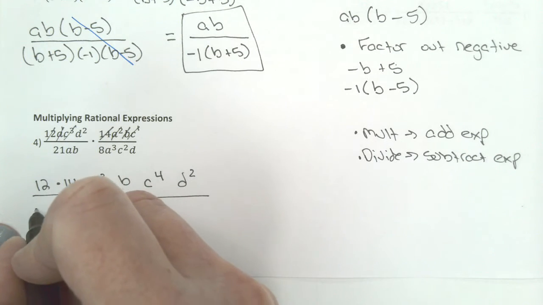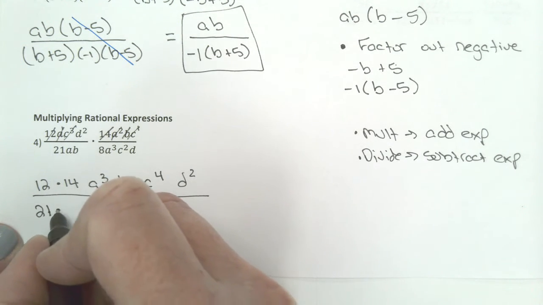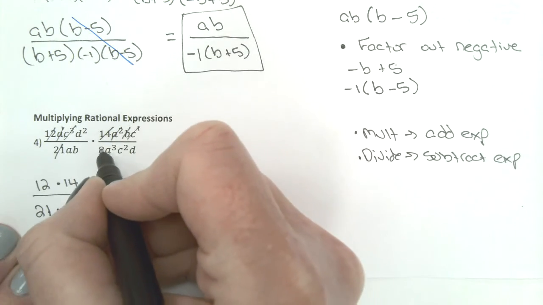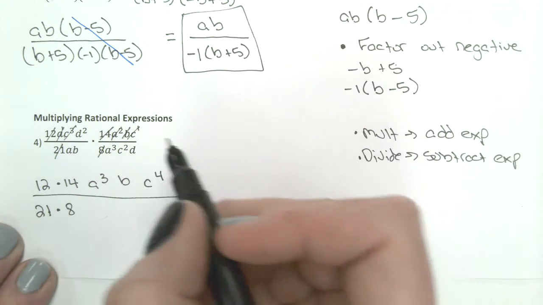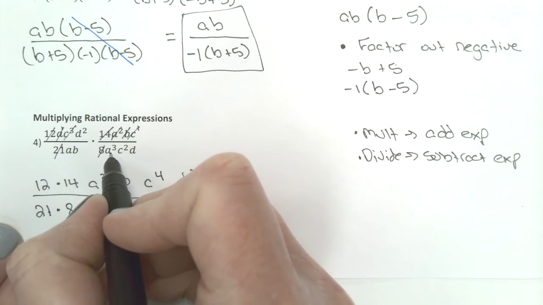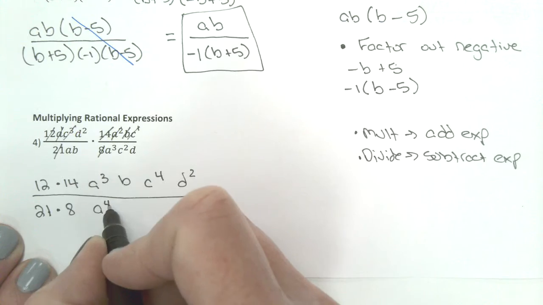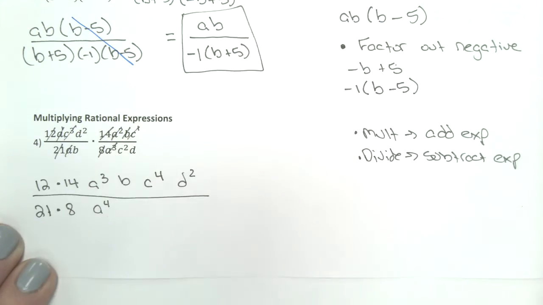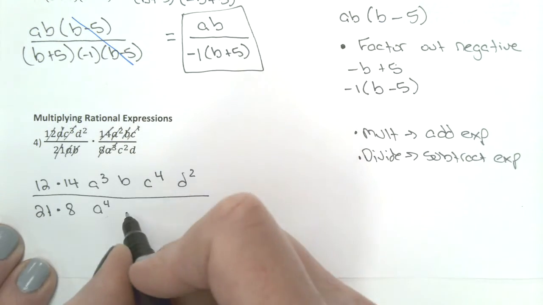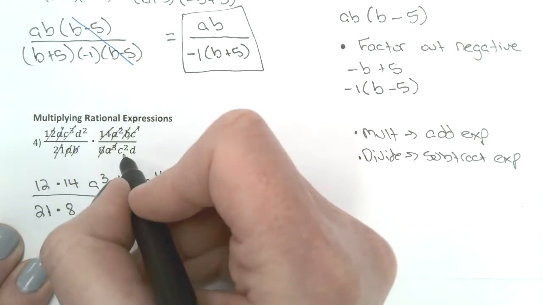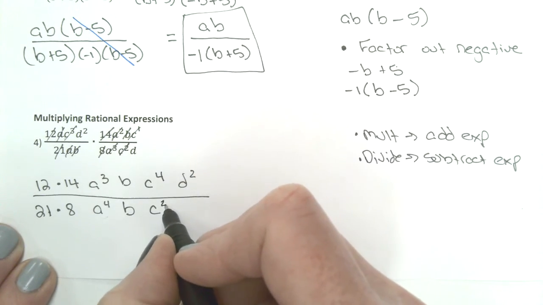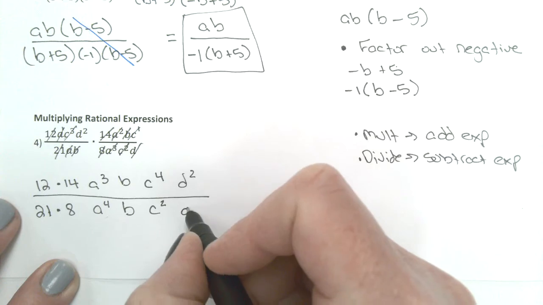And then on the bottom, I have that's a 21, times my 8, and then multiply your variables. So a times a to the third, add those, you get a to the fourth. I just have that 1b there. I just have that 1c and that d.